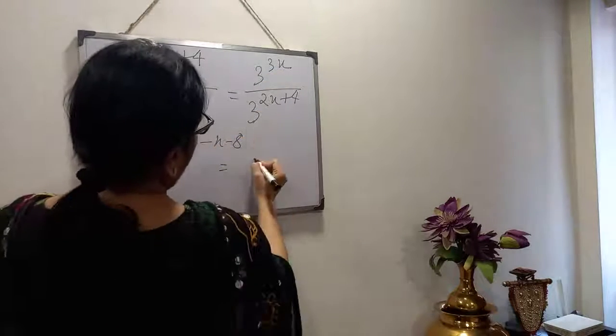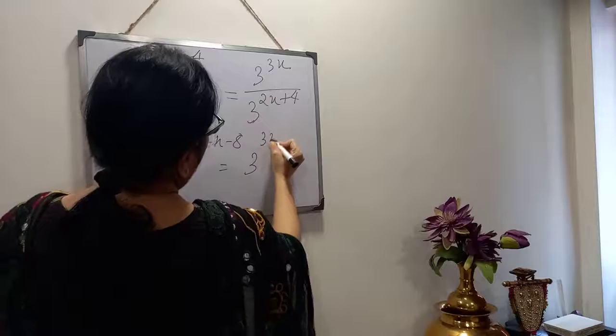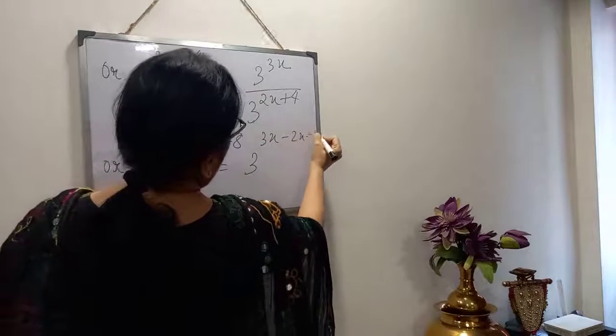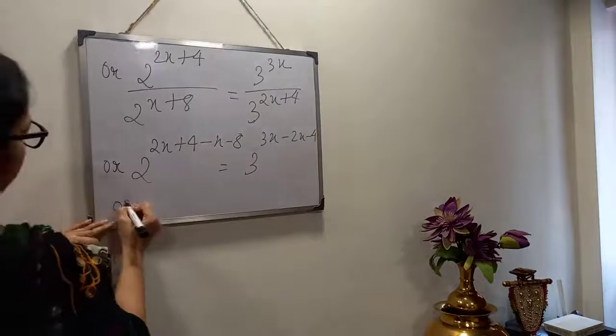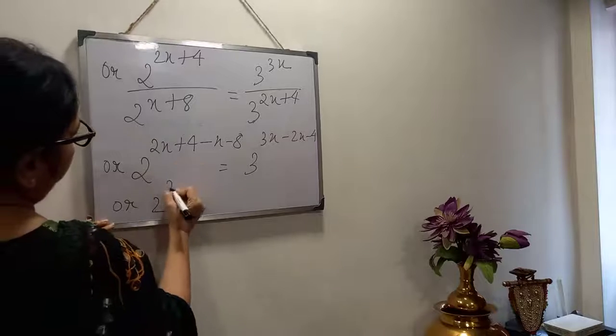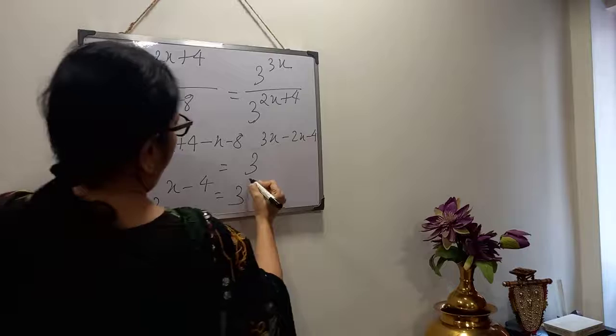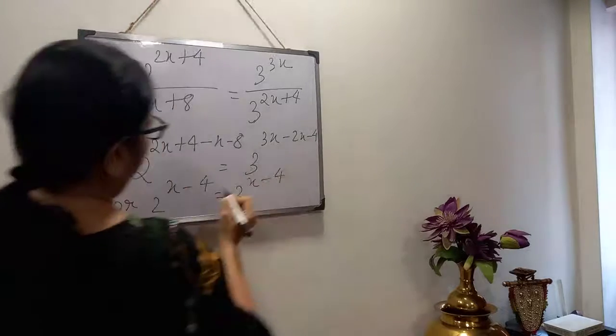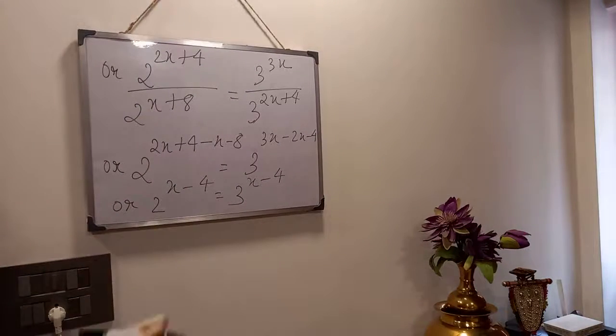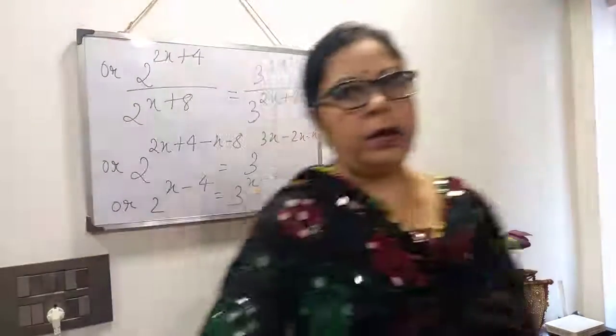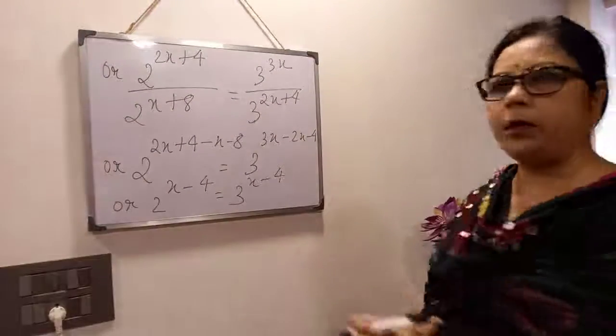Similarly, same base, division, powers will be subtracted. Now it is becoming x minus 4. Right hand side also x minus 4.